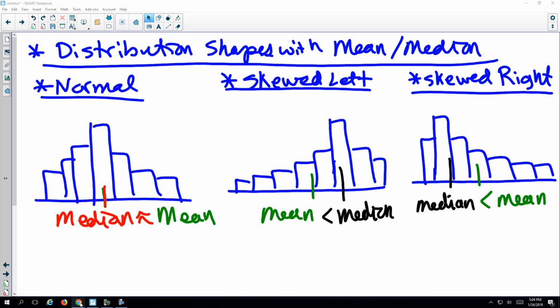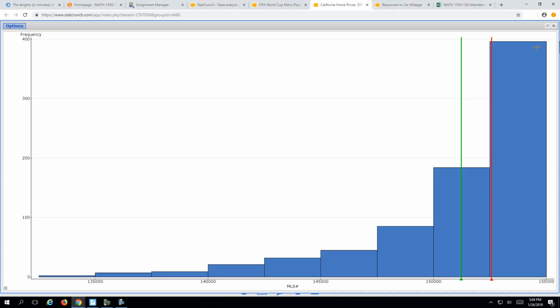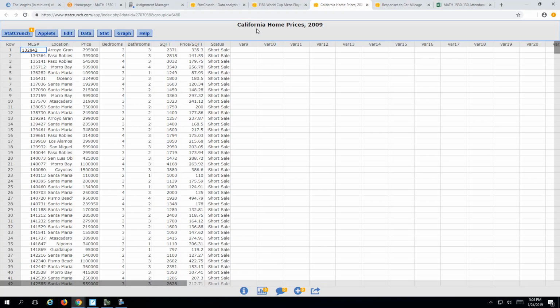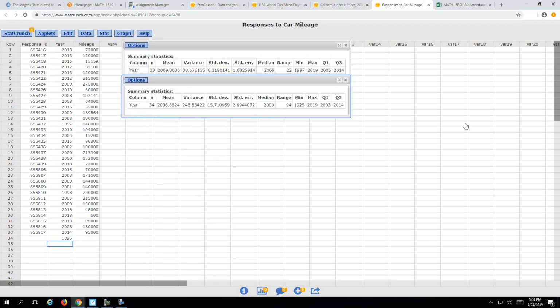So I want you to open up that car mileage data set that I had open. So see if you can get back to it by yourself. If you need help, I'll help you. But see if you can get back to that car mileage data.